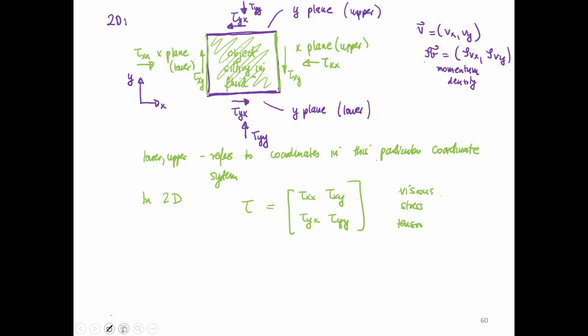And now in 3D, what am I going to have? Tau xx, tau xy, tau xz. What's going to be the second row?